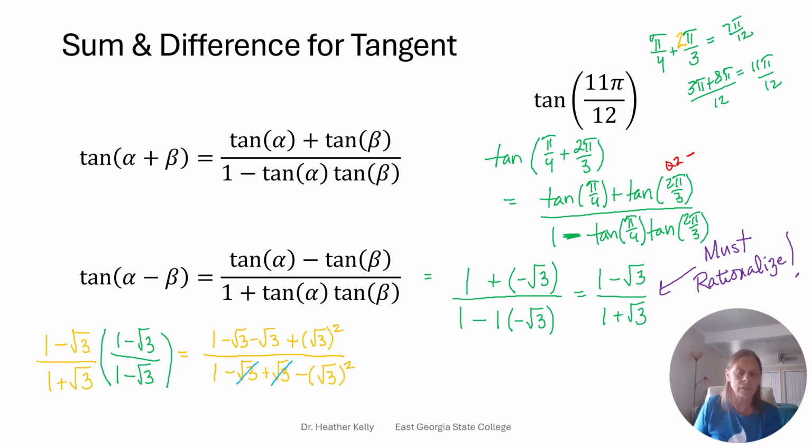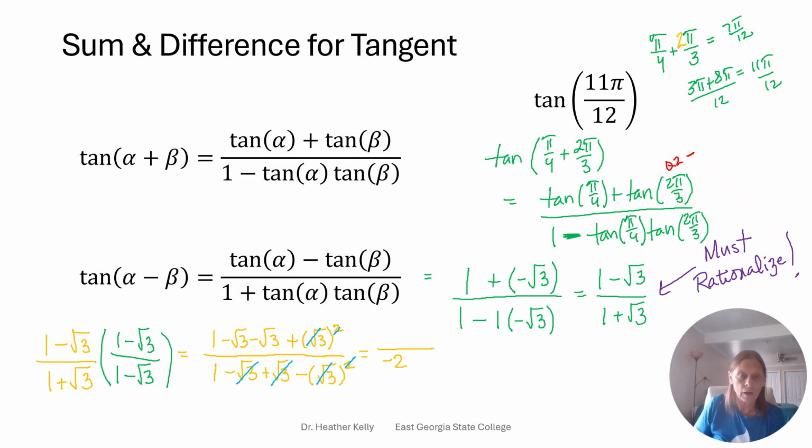So those guys cancel. The square cancels the square root. And so my denominator here is 1 minus 3, which is negative 2. And my numerator is 1. Okay, let me cancel these guys out as well. So that's the square goes along with this 3. So 1 plus 3 is 4.